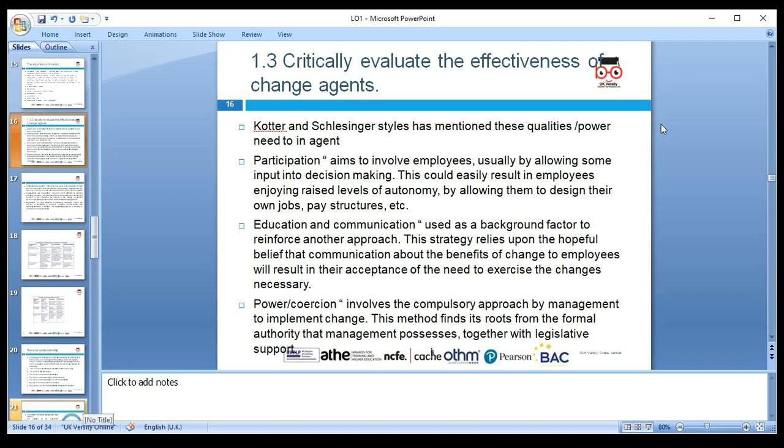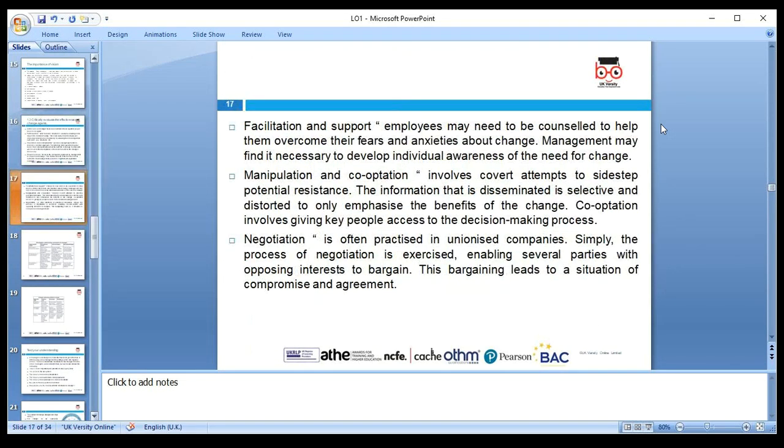Education and communication use the background factor to reinforce another approach, and power and portion need to be involved in a compulsory approach of management to implement the change. You should embed the legislative requirement, because the ethics are the moral principles, and these are the rules we need to follow.